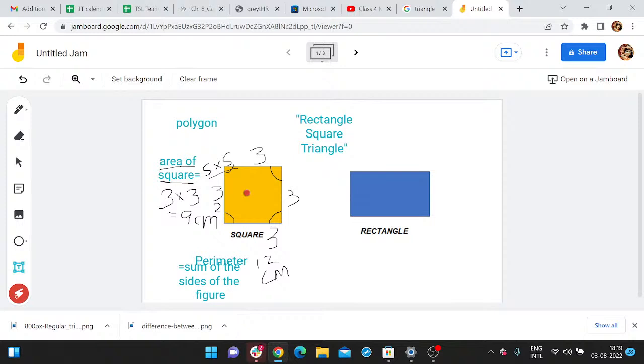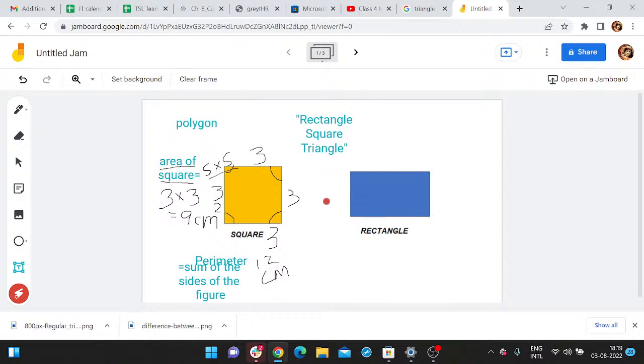Now, can anybody tell me what differences you can find between a square and a rectangle? I'm giving you a minute to think, and then we'll discuss that. So you guessed it right.